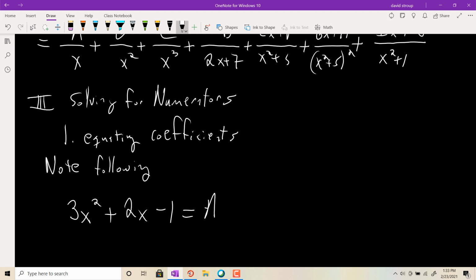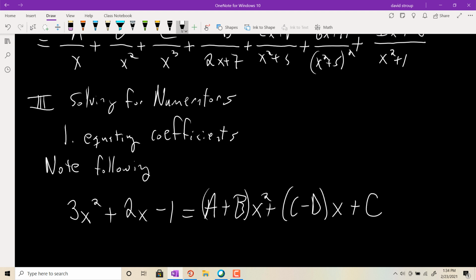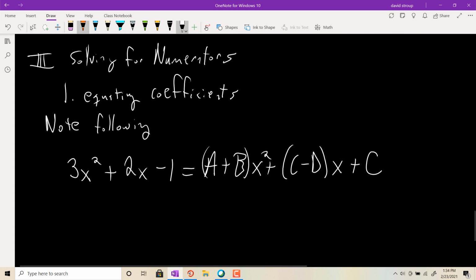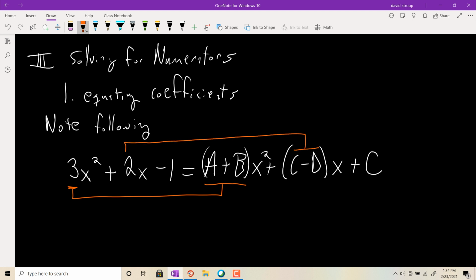On the other side, I'm going to put (a plus b)x squared plus (c minus d)x plus, we'll say, c. If you have an equation that looks like this, you can equate the coefficients, and it is exactly what you think it is. You take a plus b, the coefficient on x squared here, and equate it to the coefficient on the other side, so it must be equal to 3. And c minus d is the coefficient on x, so that must be equal to 2.